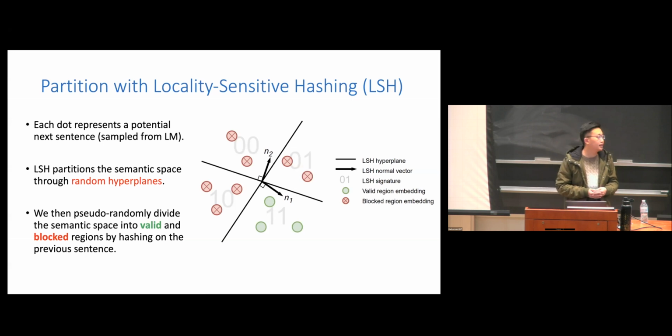In this case, the 2D embedding space is partitioned into 4 regions. And then we pseudo-randomly divide the semantic space into some valid region and some blocked region by hashing on the previous sentence instead of the previous token.